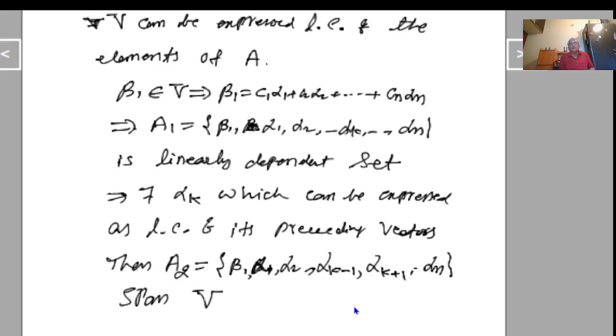vector space V. We can remove this alpha k because alpha k can be expressed as a linear combination of its preceding vectors.